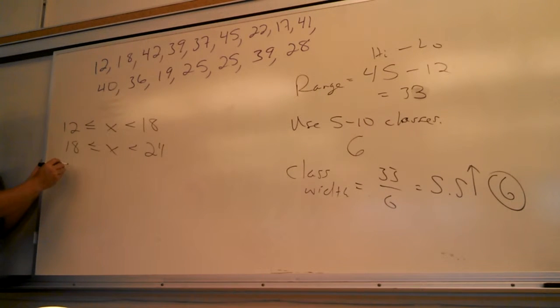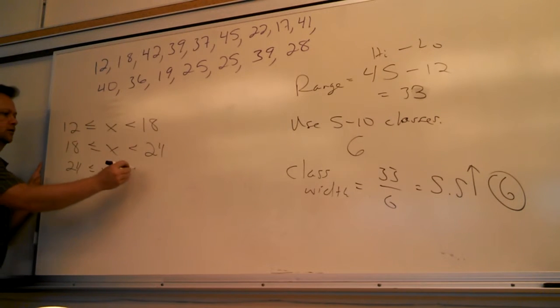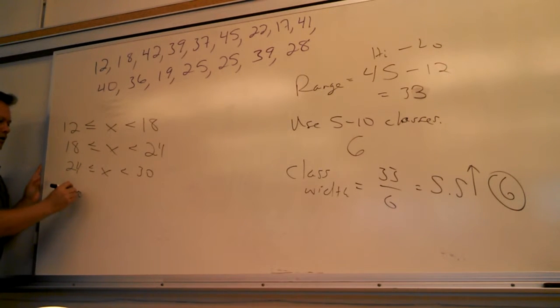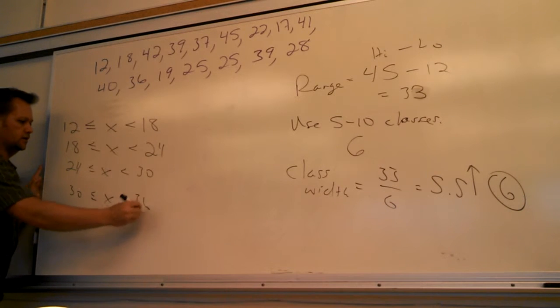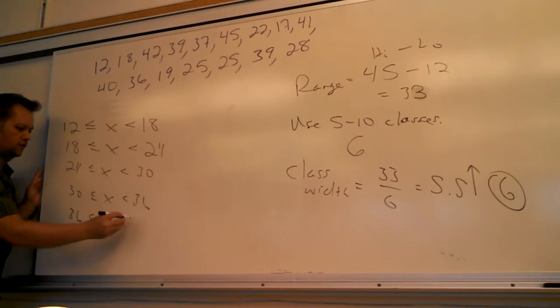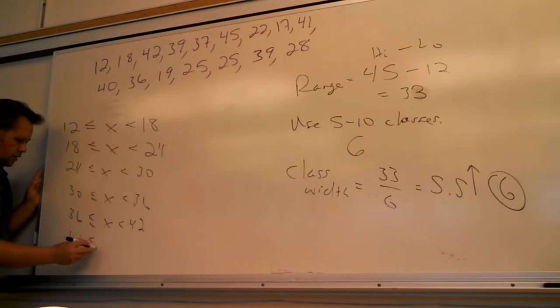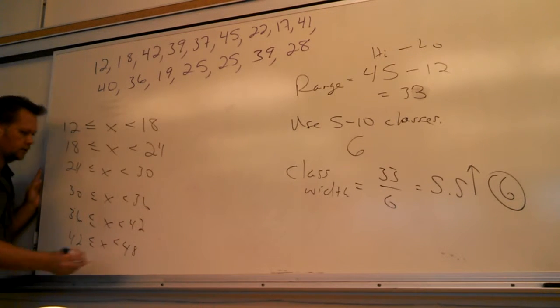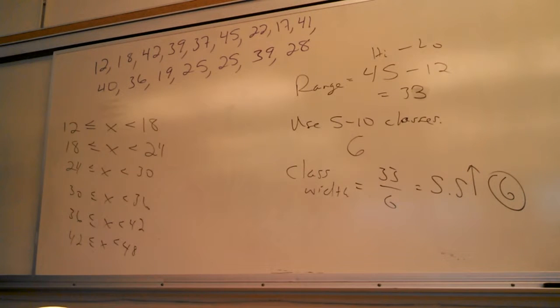And so let's finish this out. The next one will go from 24 up to 30, then from 30 up to 36, then from 36 up to 42, and then from 42 up to 48. Cool. And that covers everybody, right?